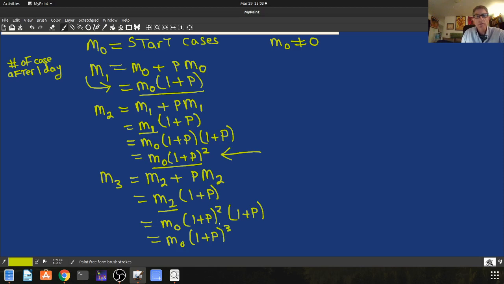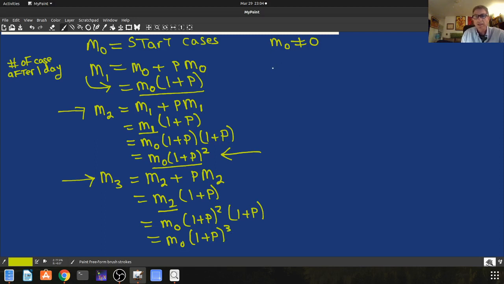Now I'm hoping you can see a pattern. After day 1, it's our number of start cases times 1 plus p, and that's raised to the first power. When it's raised to the first power, we don't put a 1 there. At the end of day 2, we have the number of start cases times 1 plus p squared. At the end of day 3, we have the number of start cases times 1 plus p to the third power.